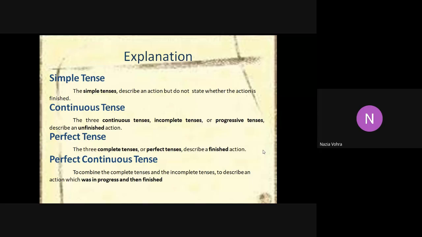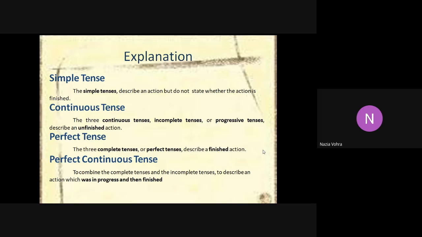Okay, next is perfect tense. What happens here? In perfect tense, the action is over. The action is over. The perfect continuous tense describes an action which was in progress, it was ongoing, and then it has stopped.